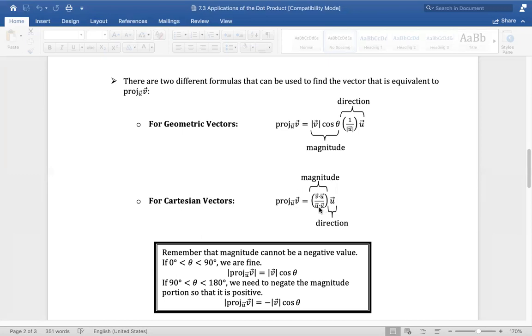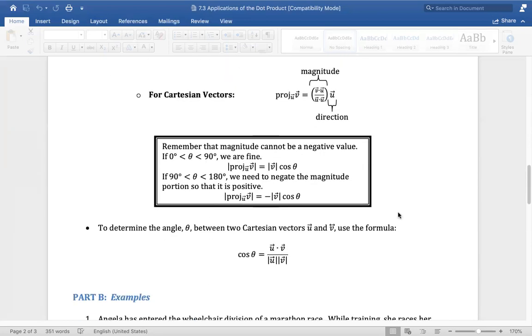So the U vector dotted with the U vector, and then multiplied by, again, the U vector. The dot product is giving us our magnitude, right? Magnitude is going to be a scalar value multiplied by the direction of the vector.